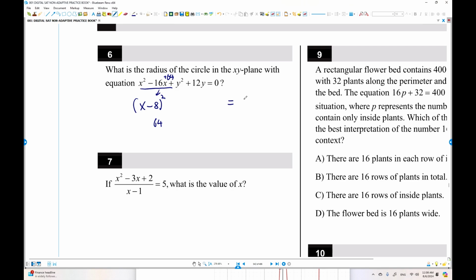So we have to add 64 on the right hand side. The second one, this perfect square is y plus half of this number, right? 6 squared. But we add 36, we replace with y plus 6 squared. So plus 36 again. But this is 100, that is the value of r squared. So r is how much? 10, right? It's very simple questions, okay?